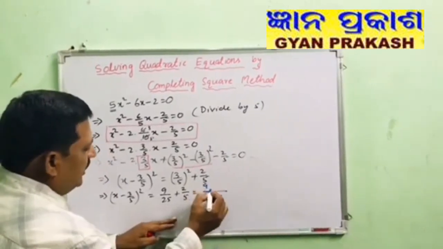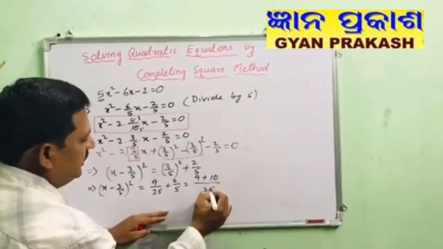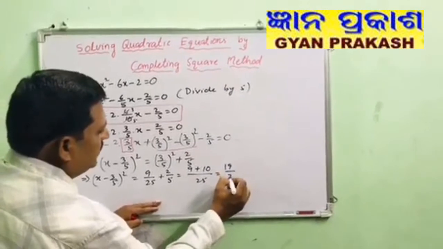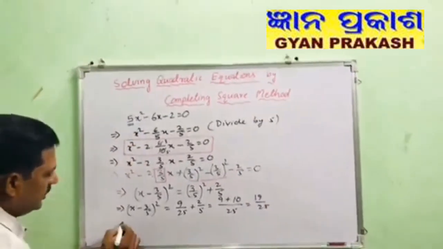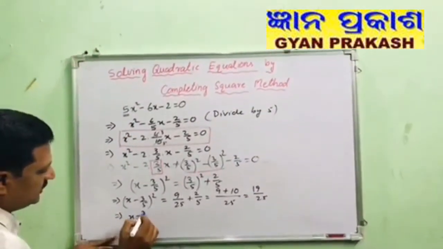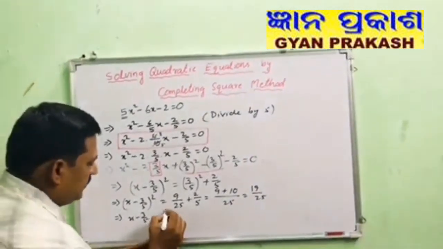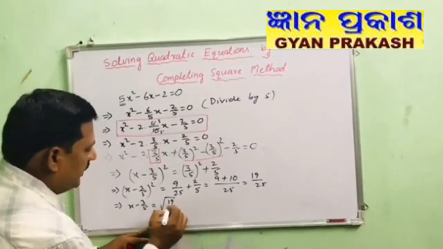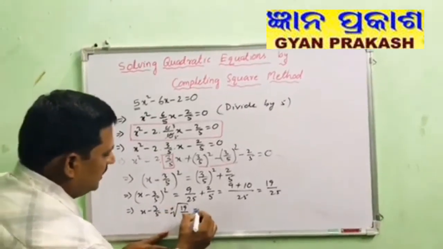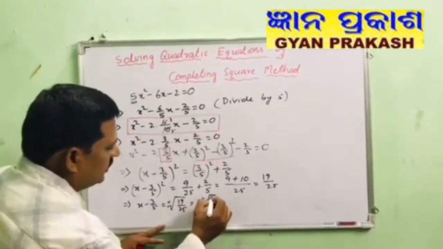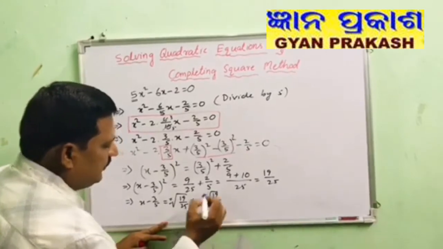Here we have 9 plus 10, that is 19 by 25. Now x minus 3 by 5 equal to square root of 19 by 25, that is plus or minus, and that gives plus or minus square root of 19 by 5.